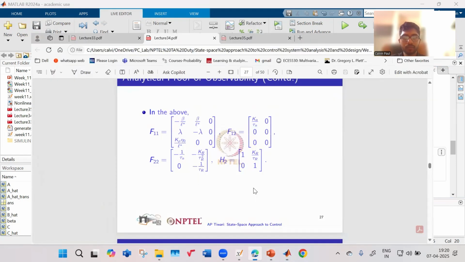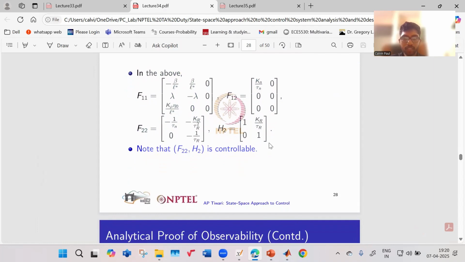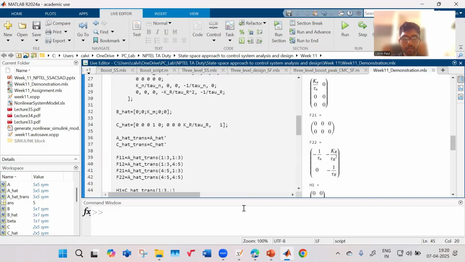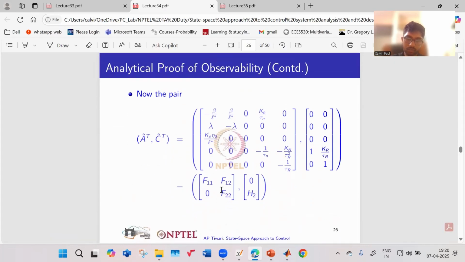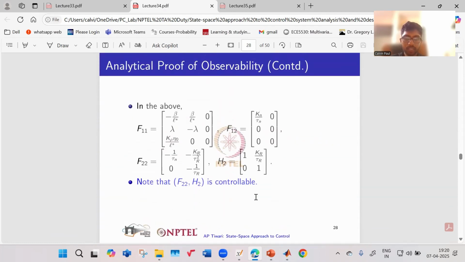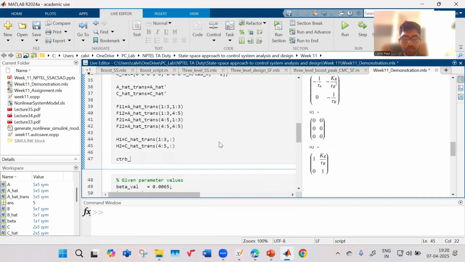Now what should we do? We have got this. If you see, F22, H2 is controllable. If you check the overall system, this is our overall system. So let us check whether F22 and H2 are controllable. The controllability matrix is H2 comma F22 into H2.